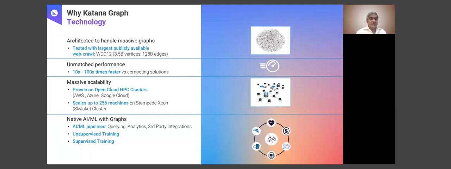And then the final thing that we have in our graph engine is native AI and machine learning. So we support a lot of unsupervised and supervised training algorithms. And then you can have your AI and machine learning pipelines that include querying, analytics, as well as third-party integrations in your complete workflow without leaving our system. I'll show you some examples of that as we go forward.